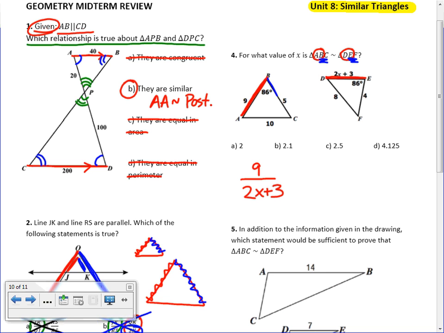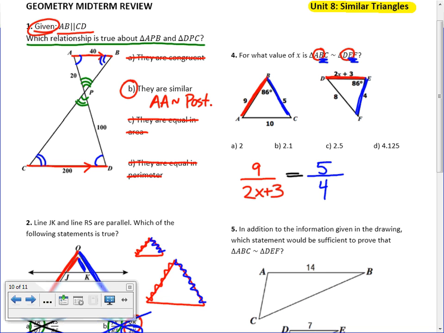I also know that B to C has to coordinate with E to F. Ooh, that's tricky. I'm not sure I would have put that together just by looking at it. So B to C is 5 and E to F is 4. So let's solve this proportion and see what happens.